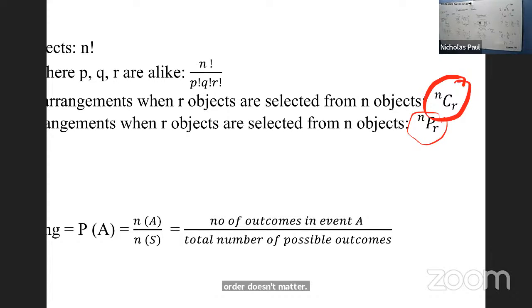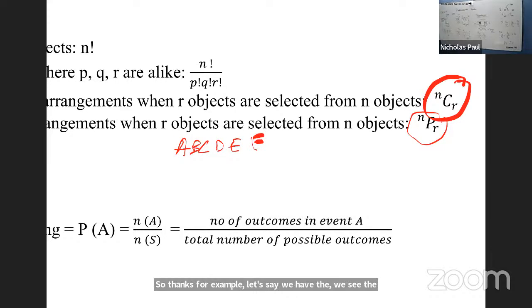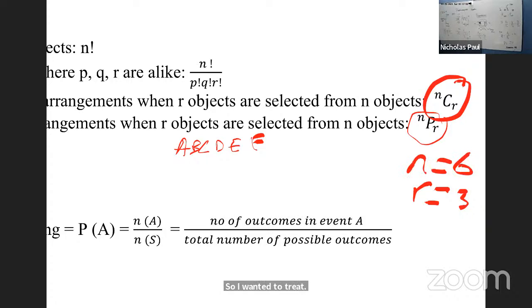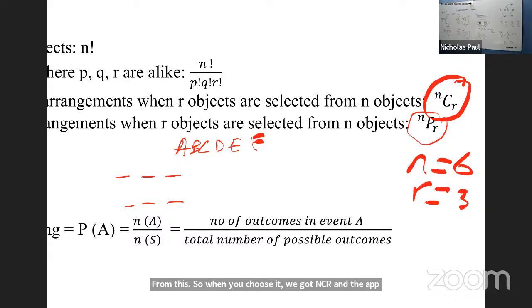So for example, let's say we have A, B, C, D, E, F, and I want to determine the number of 3-letter words that I could get from those 6 letters. What will you choose? P or C? nPr or nCr? So I want to choose 3 from the 6, and I want to make 3-letter words. What would it be? P or C?